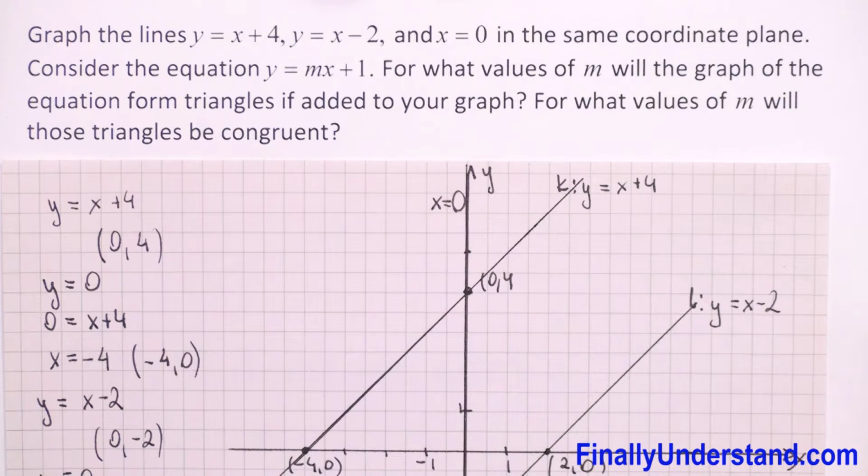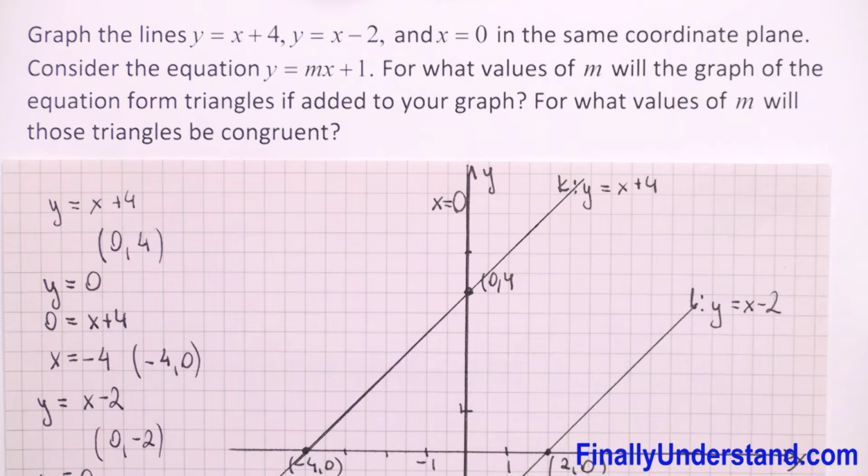Let's check first what happens if m is 0. Let's use a different color. For m equals 0, we have the equation y is equal to 0 times x plus 1. So we have the equation y is equal to 1.